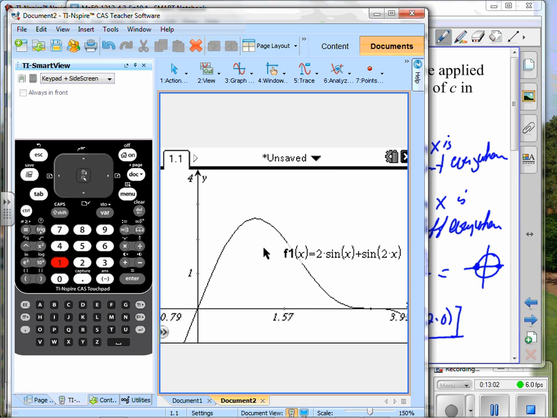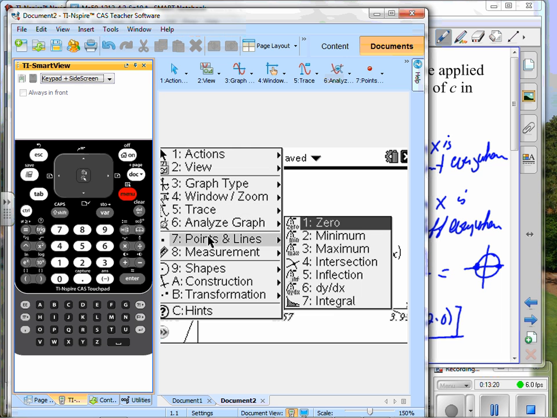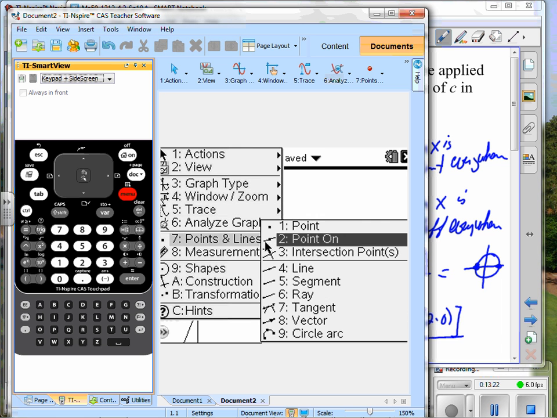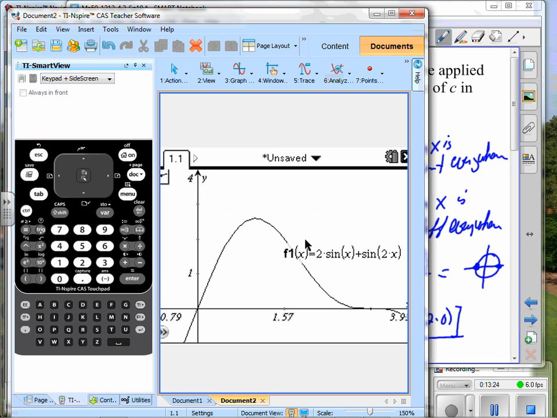Okay. So I need to now look at a secant between what and what? What's my open interval? 0 to pi. Okay. So I know where that is, but I'm going to go ahead and put a point on. I'm going to put a point on here and a point on here.